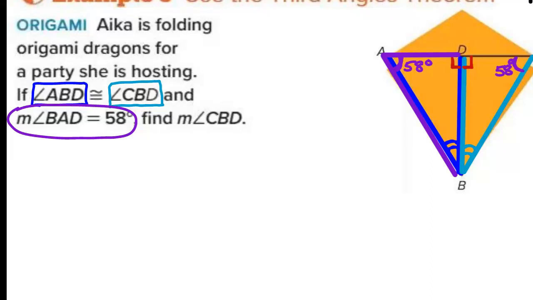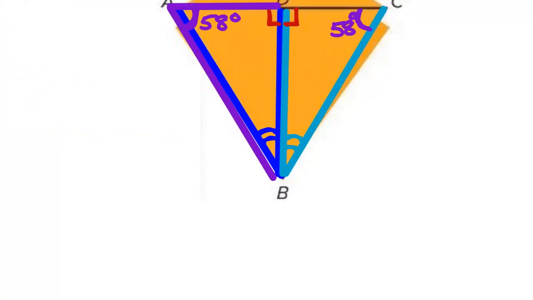What do they want me to find in this problem now? Angle CBD, which is the one that I have outlined in this light blue color. So we're supposed to find this angle right here. How can I find that angle?